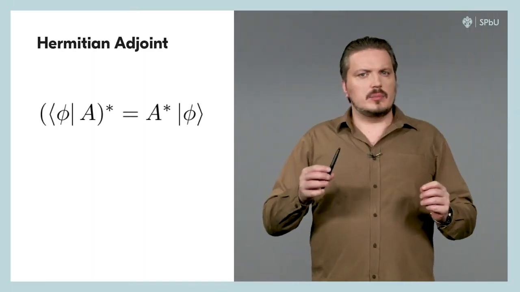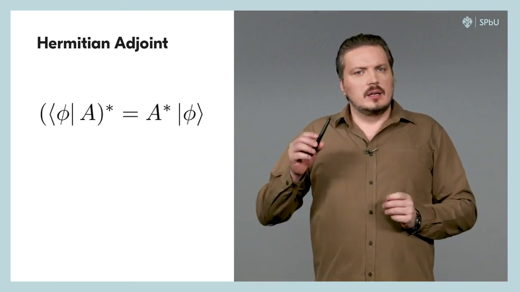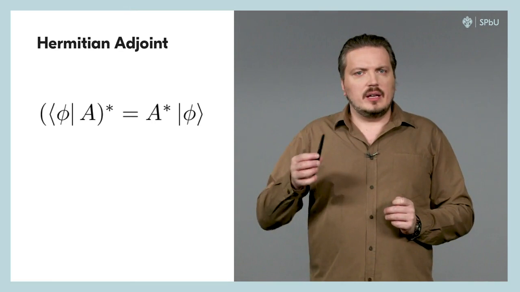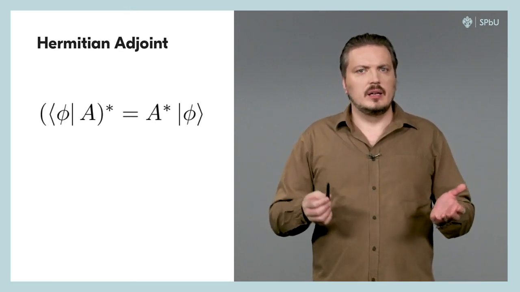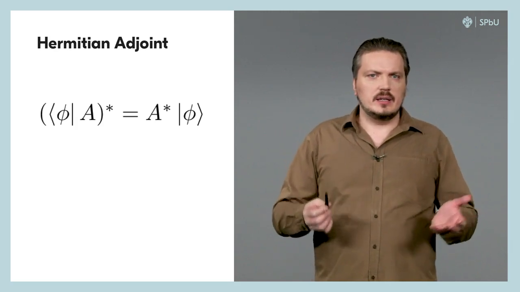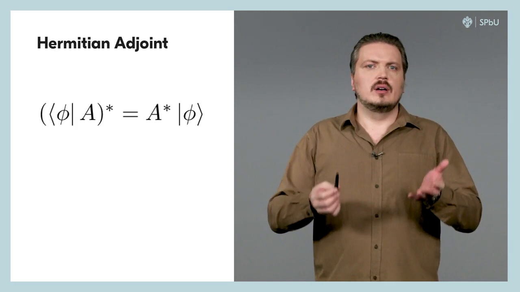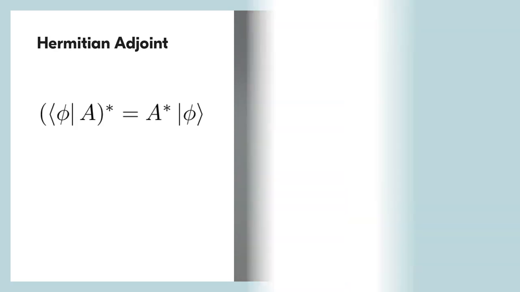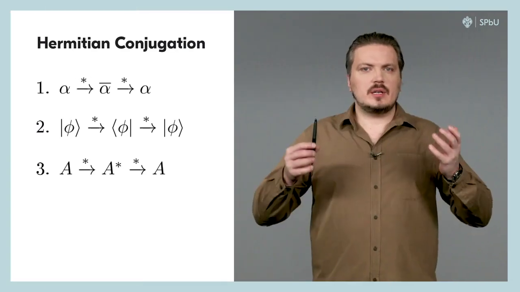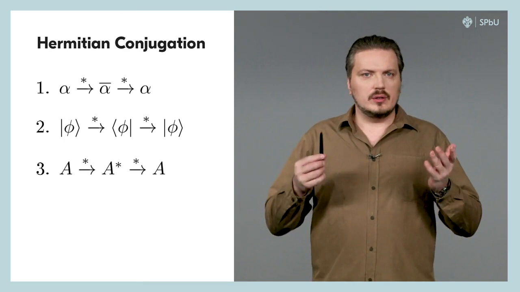And the most interesting part is this. Since the ket phi A is the Hermitian conjugate of the bra phi A, we can write it like this. The Hermitian conjugate of A acting on the left of bra phi is A star acting on the right of phi. This allows us to define the operation of Hermitian conjugation on operators.